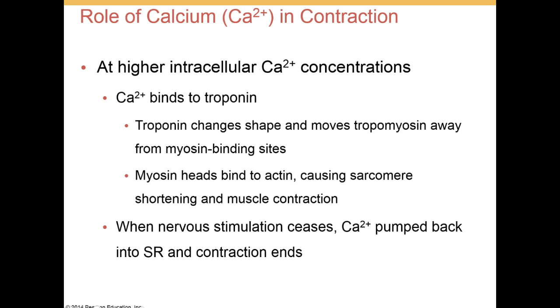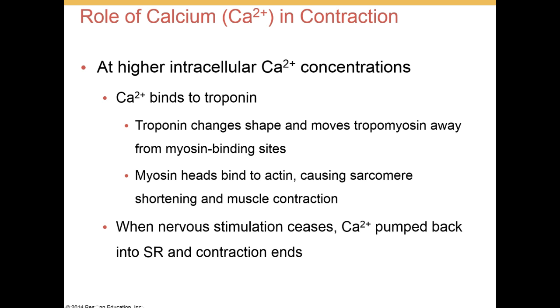But when the calcium levels go up right around those sarcomeres, the calcium binds to the troponin. Troponin changes shape a little bit. Tropomyosin moves away from the myosin binding sites. The myosin heads bind to the actin, and that triggers contraction. So the sarcomere will begin to shorten. You'll begin to get some force generated, and you can get muscle contraction.